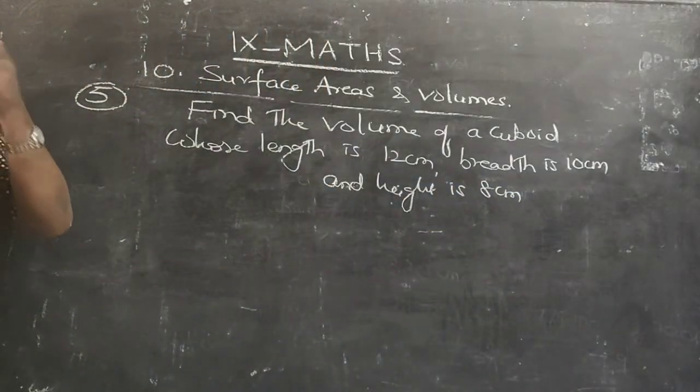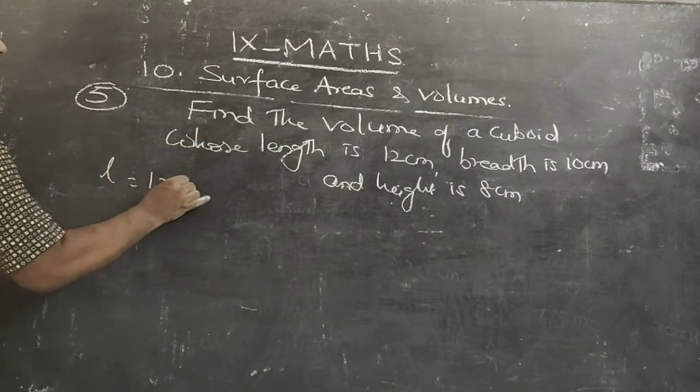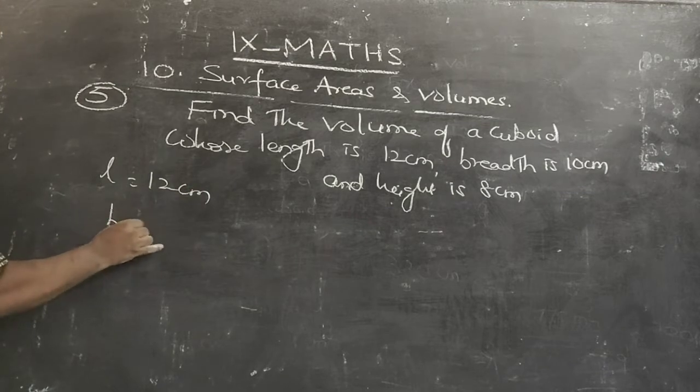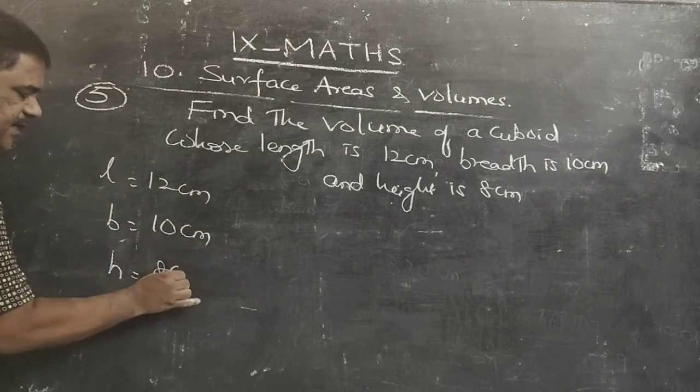So here length, breadth, height of a cuboid are given. Length is 12 centimeters, breadth is 10 centimeters, height of the cuboid is 8 centimeters.